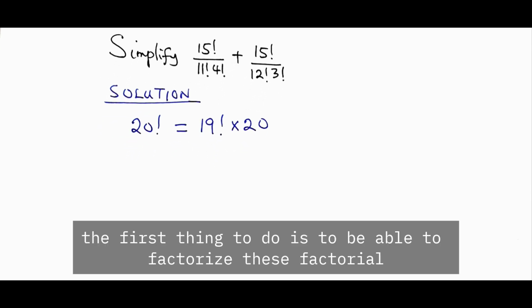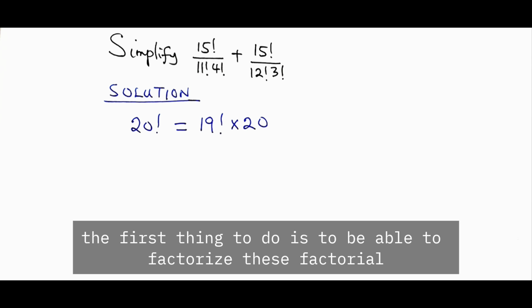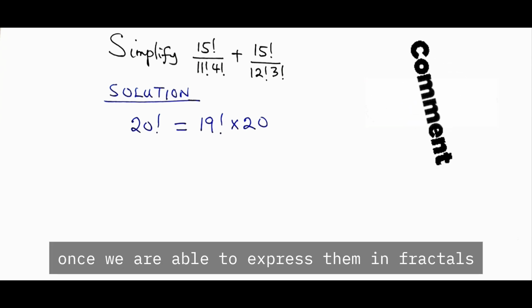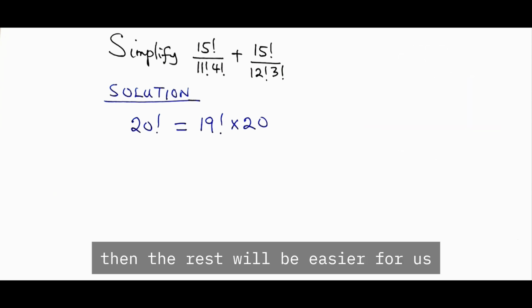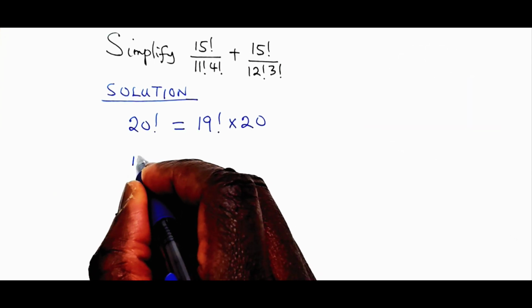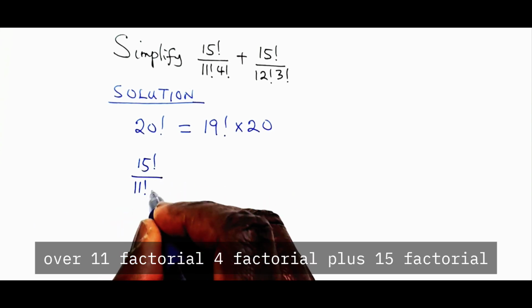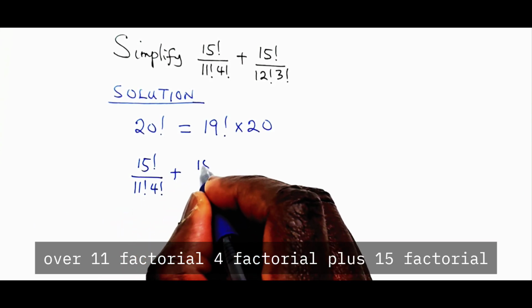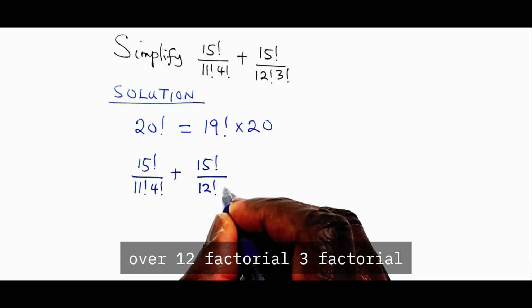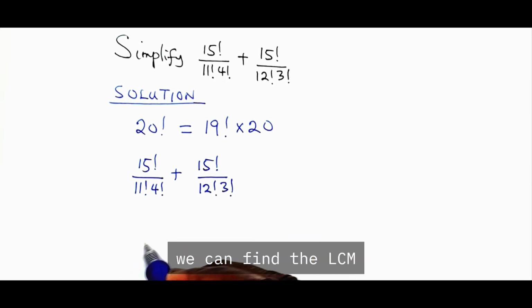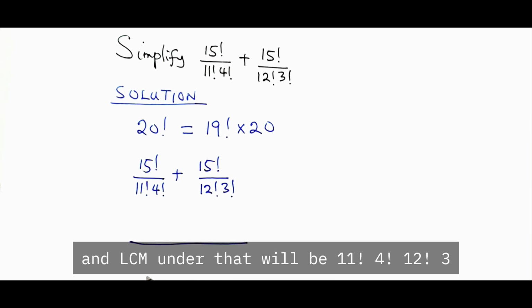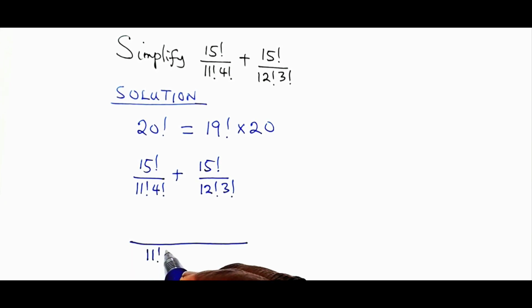The first thing to do is to be able to factorize this factorial. Once we are able to express them in factors, then the rest will be easier for us. Now, 15 factorial over 11 factorial 4 factorial plus 15 factorial over 12 factorial 3 factorial. We can find the LCM, and the LCM under that will be 11 factorial 4 factorial 12 factorial 3 factorial.